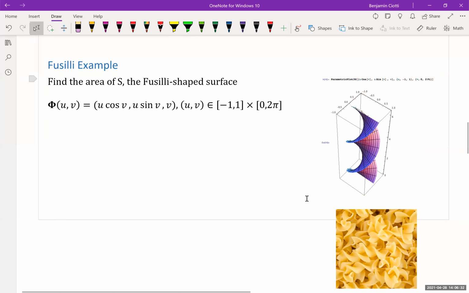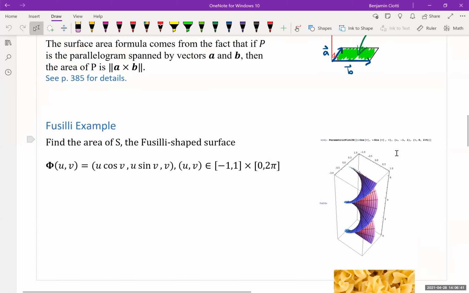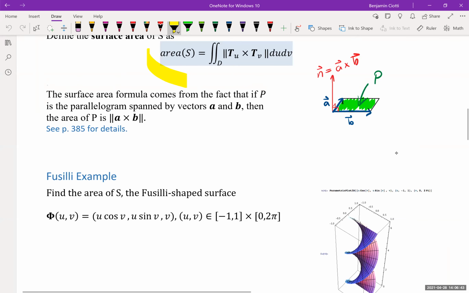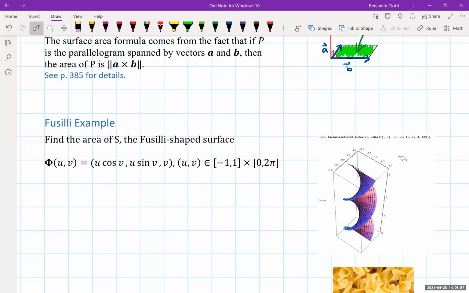So the plan is to compute the surface area of this noodle, and our formula will be the surface area formula. I better first calculate the tangents, then calculate the normal, then take its norm and integrate it. So let's proceed.